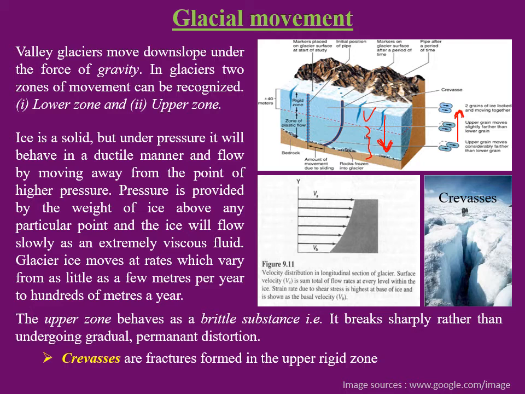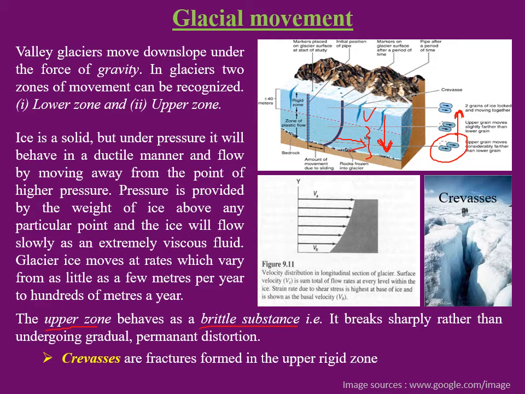The glacial ice mass cannot cope with this differential movement at different levels of the ice mass. So the lowermost portion acts in a ductile manner and moves more easily towards the downslope areas, whereas the uppermost portion, the upper zone, behaves as a brittle substance.